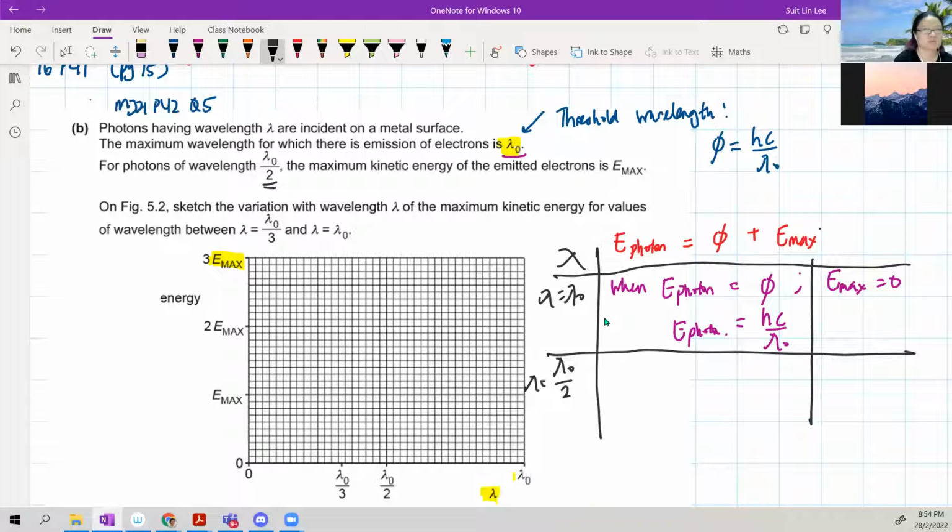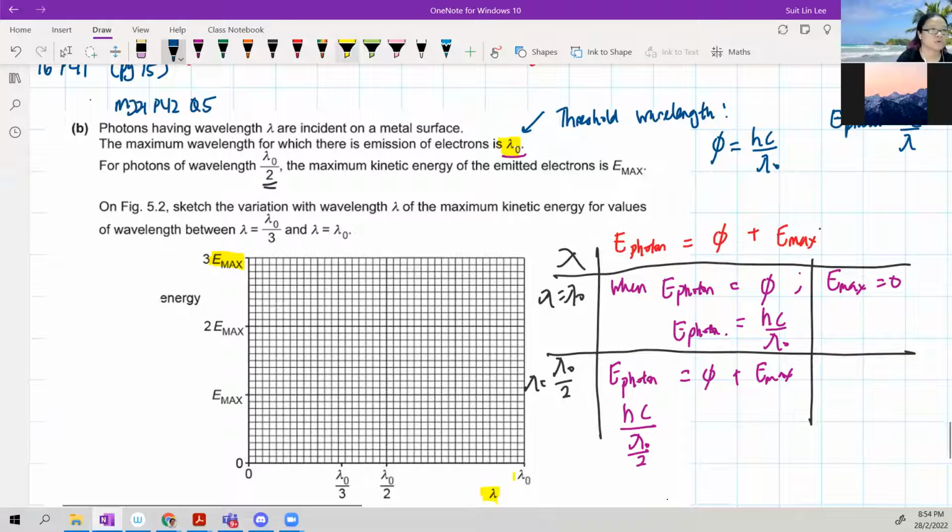If lambda is lambda naught over 2, the energy of photon, which is equal to work function plus Emax, will be hc over lambda naught over 2. Remember that the energy of photon is equal to hc over lambda as well. So when lambda is lambda naught, the energy of photon is straight away the work function and Emax is 0. We can plot this point: lambda naught, Emax is 0.